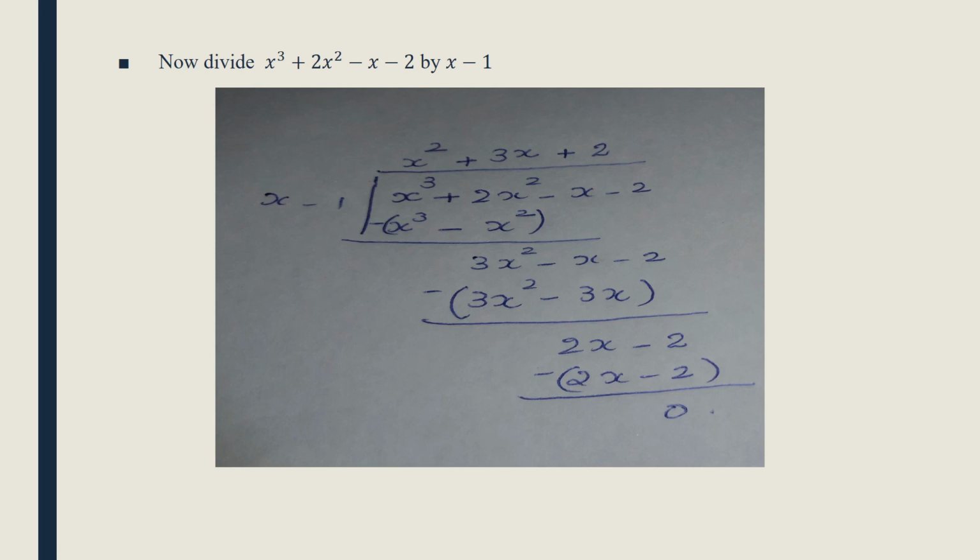So we have 2x minus 2. Dividing 2x by x, the quotient is 2. Multiply 2 into x minus 1, which will be 2x minus 2. On subtraction, our remainder is 0. So, our quadratic polynomial is x square plus 3x plus 2.